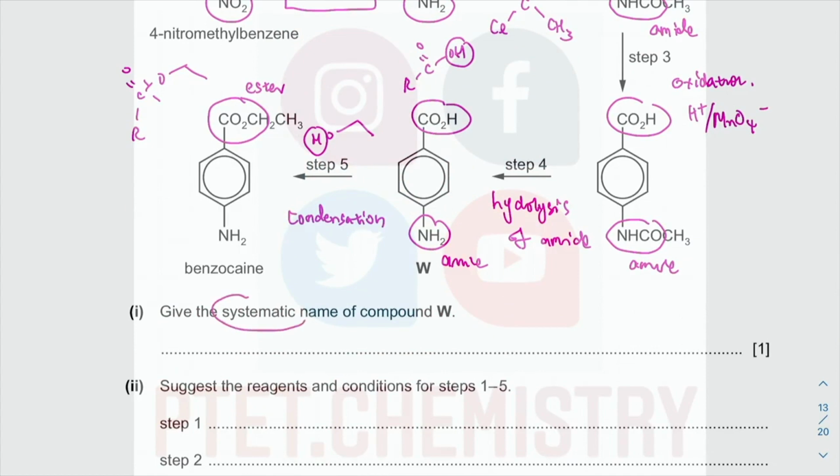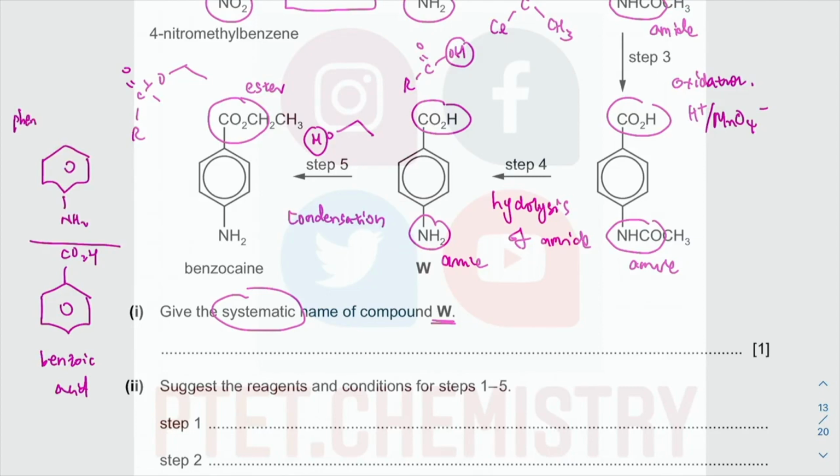Now you want a systematic name for compound W. So it's got a phenylamine, and it's got a carboxylic acid as well. So you can think about this. This CO2H is called benzoic acid, and this NH2 is called a phenylamine.